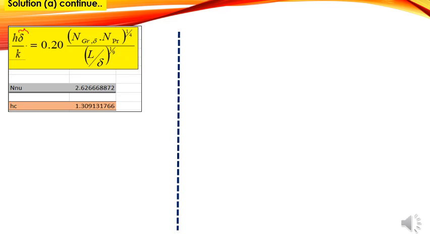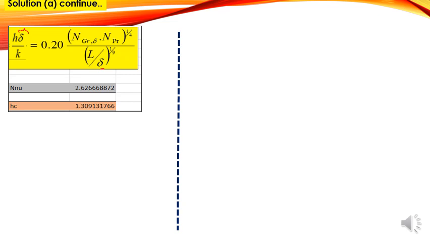Sigma here actually refers to the space gap between the double glazed window, between the enclosed space. So in this question it is 5 cm. And the length here is actually the length of the window. So don't get confused with the length and the space, the sigma here.